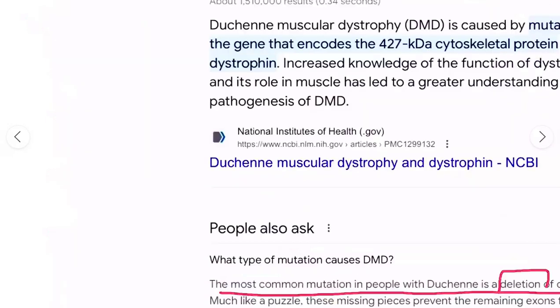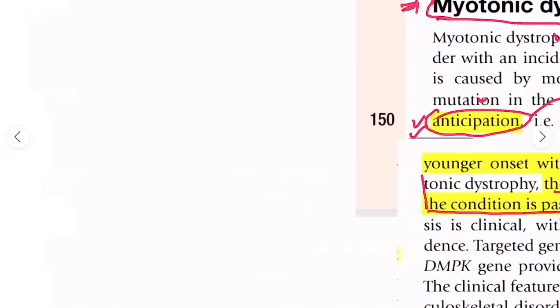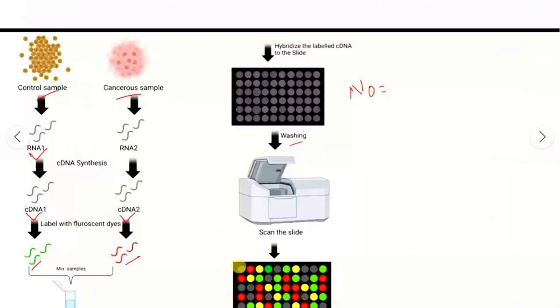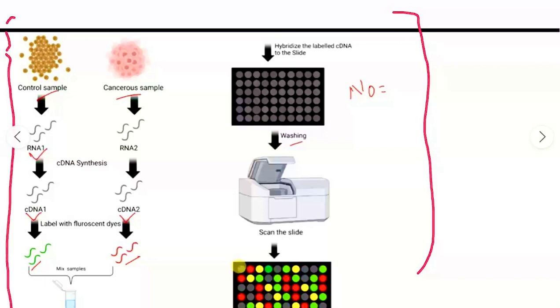I will tell you what the technique is. First of all, this is basically a chromosomal technique. Now I just wanted to tell you this tray is known as an array.